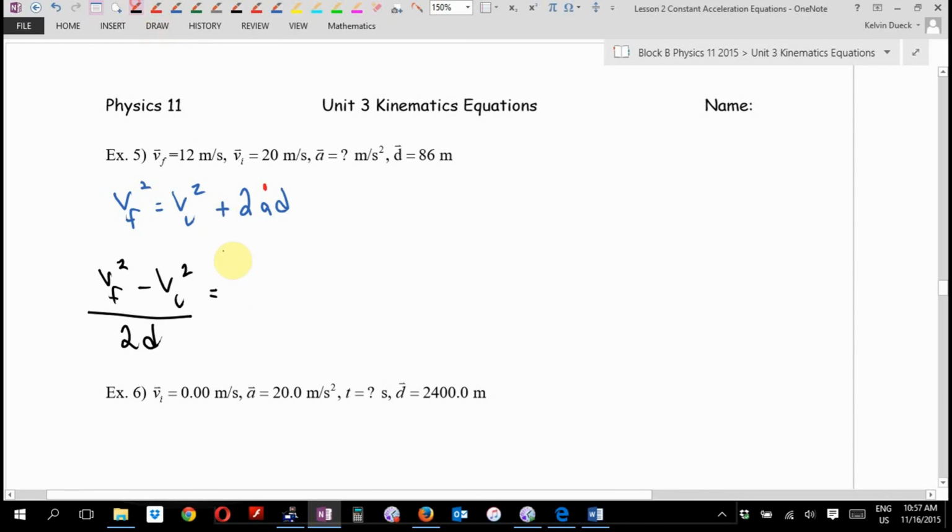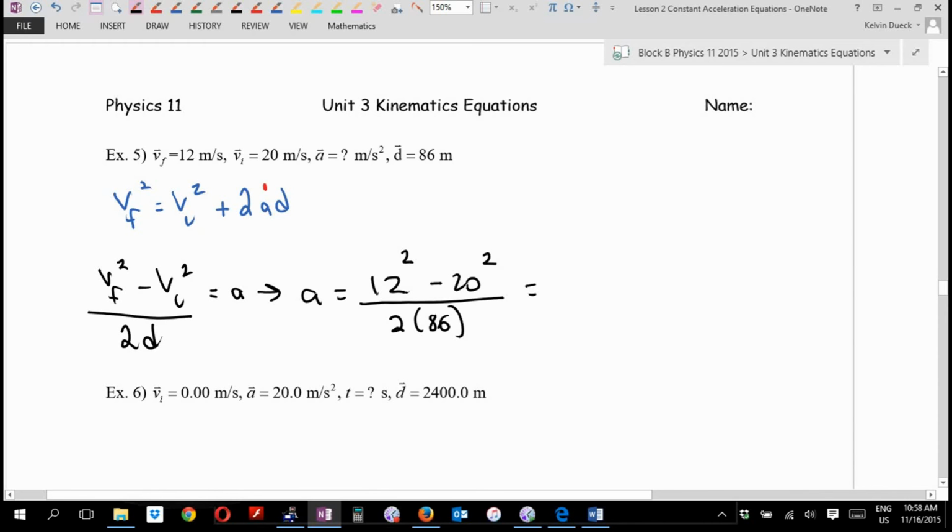Now you can write that down. In fact, now we're in the plug and chug range. VF 12 squared minus VI 20 squared all over 2 times 86.